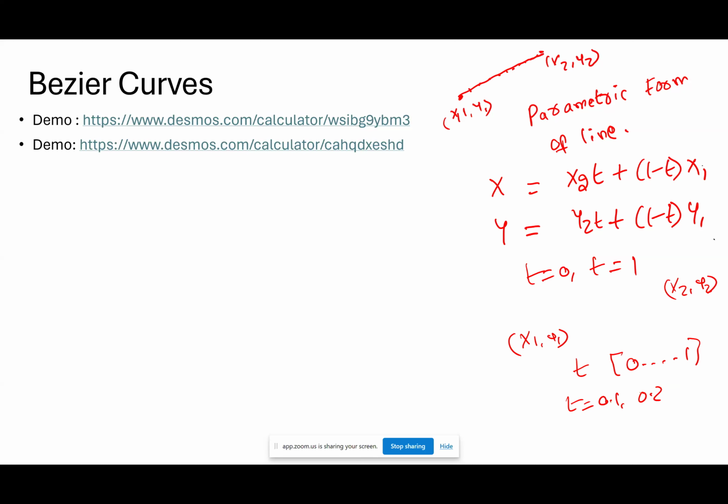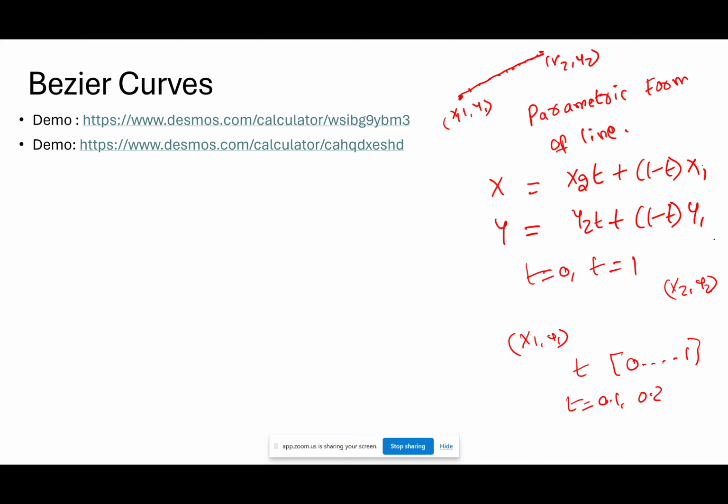So there is a parameter, how much you want to vary t. Depending on this parameter, you can decide how finely you want to construct the line.